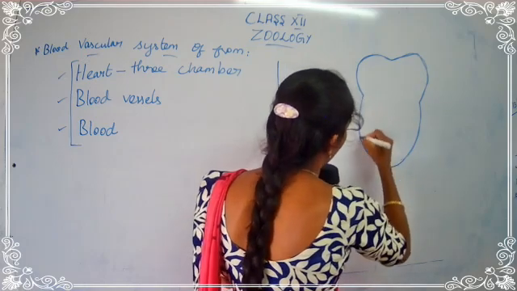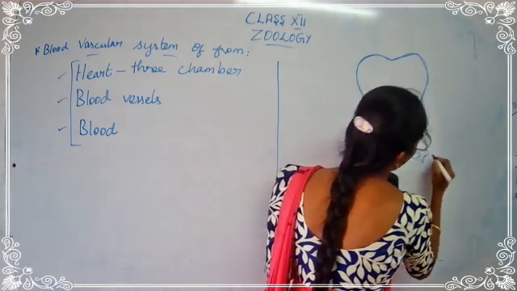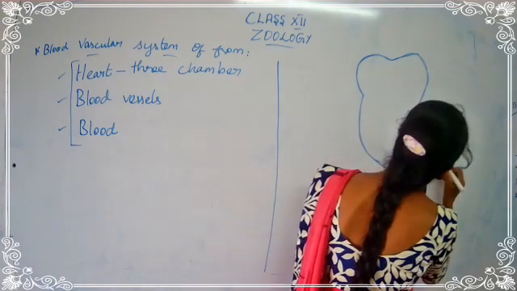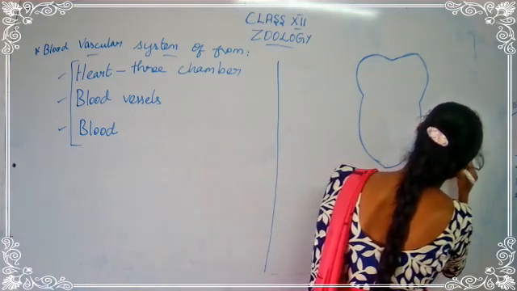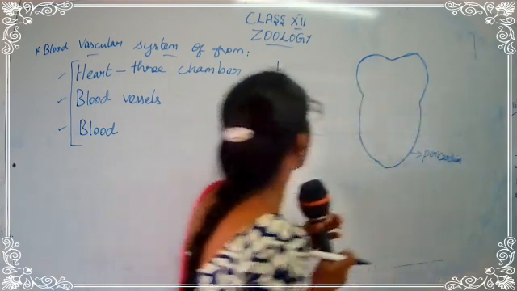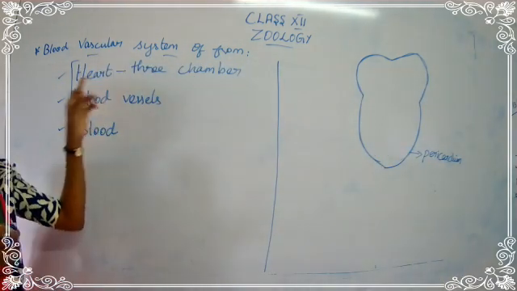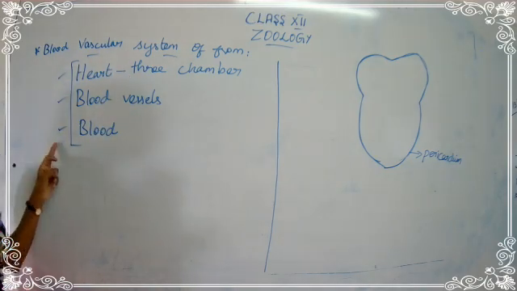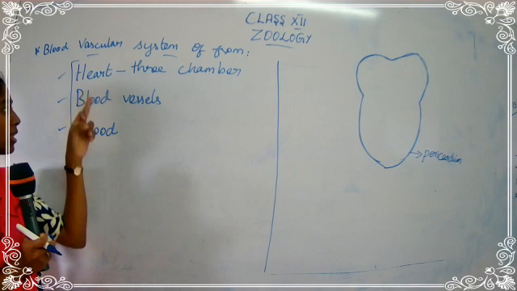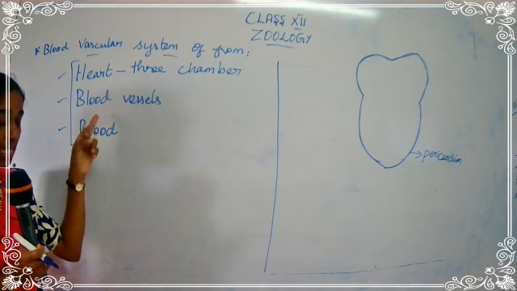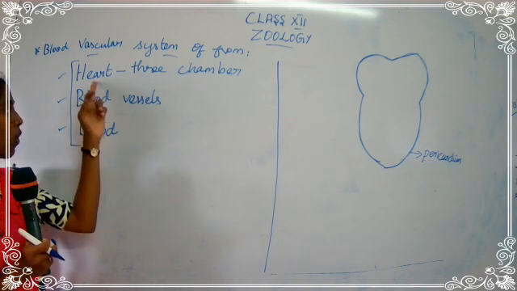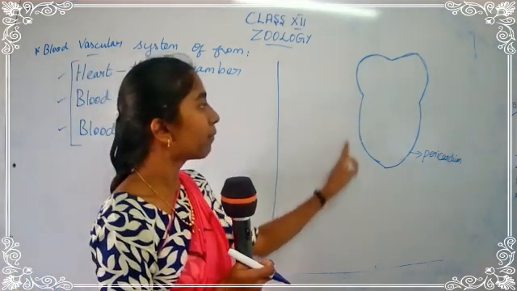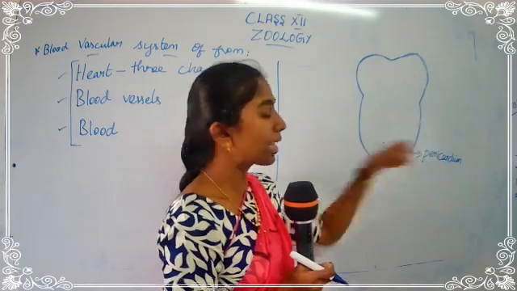The name of the layer is called pericardium. Okay. So, the blood vascular system has three categories. One is heart, second is blood vessels, and third is blood. The heart has three chambers and also the heart wall is called pericardium.